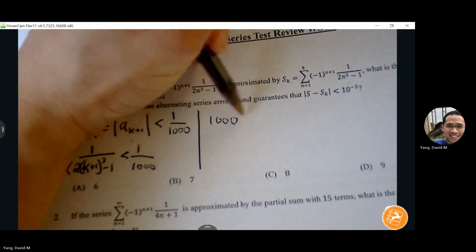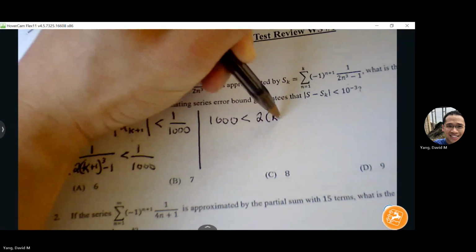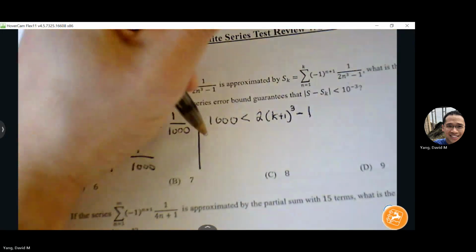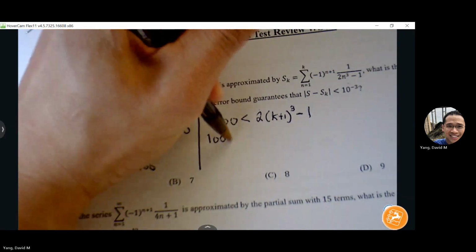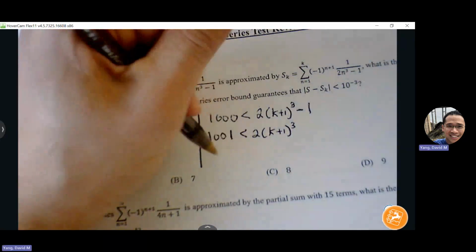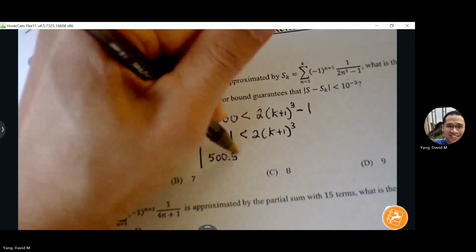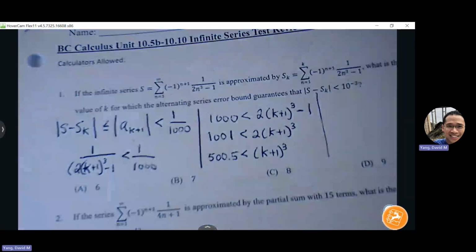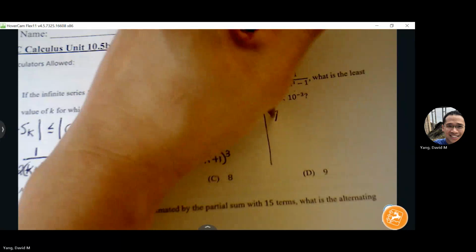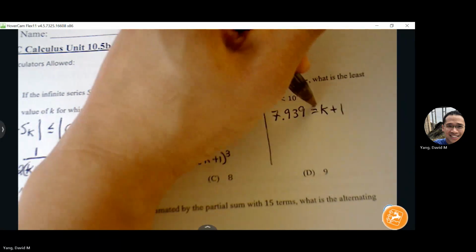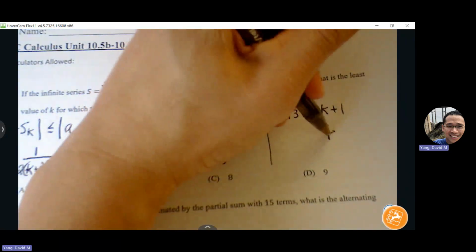If I cross multiply here, divide by 2, take the cube root, and solve for k.